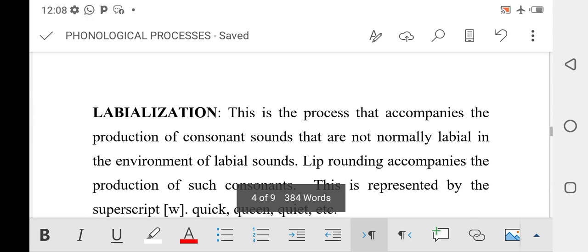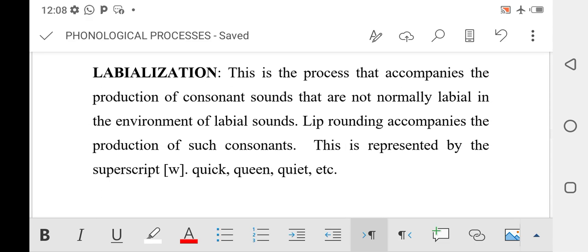Now we look at labialization, another phonological process. Labialization is a process that accompanies the production of consonant sounds that are normally not labial in the environment of labial sounds.